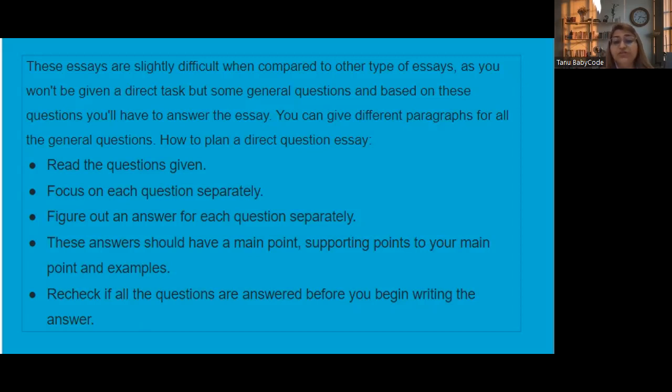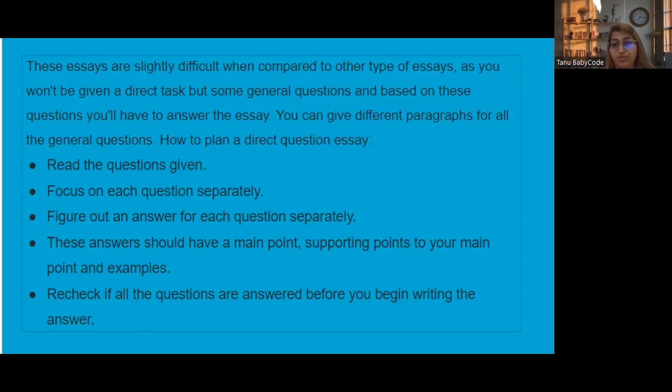Second is focus on each question separately, because you have to plan the answer for each question. Third is figure out an answer for each question separately. Once you focus on each question, you read your question, then you have to figure out an answer. You have to answer each question separately in separate body paragraphs.